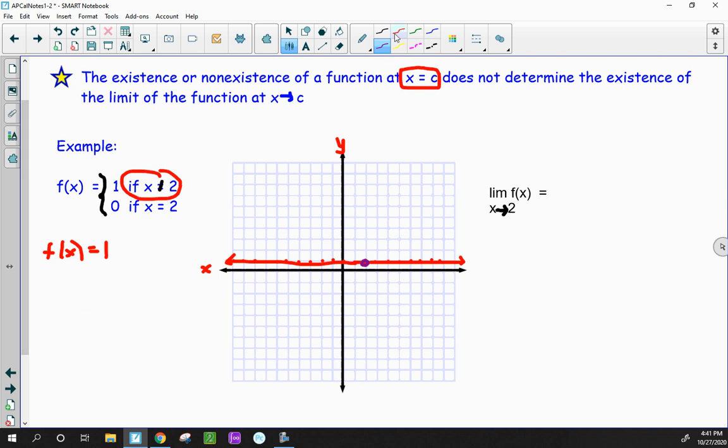Okay, second, f of x is equal to 0. So that's my second piece that I have to graph. And it is saying to go to the y-axis, find 0, put a point there, draw a line through it, and that's going to be modeled by the graph on top of the x-axis, the one in blue.